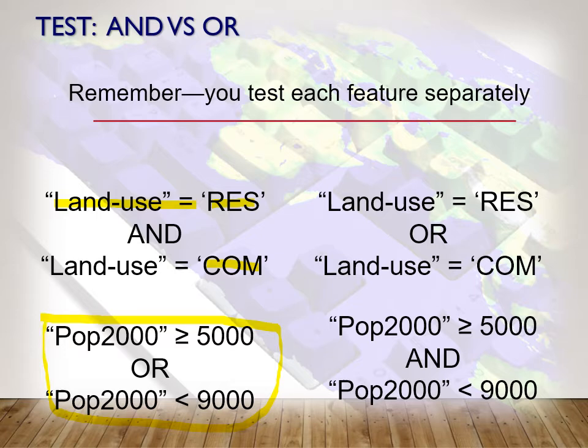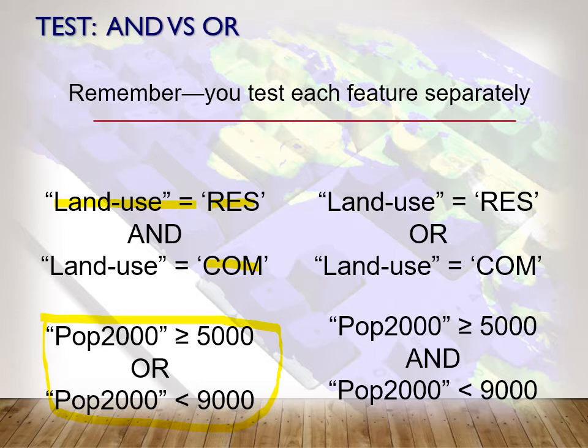If pop 2000 is greater than or equal to 5000, or pop 2000 is less than 9000, what would we get out of that? Actually, we would get all the data, because the OR statement means either one must be true. And so all data basically is either greater than or equal to 5000 or less than 9000.